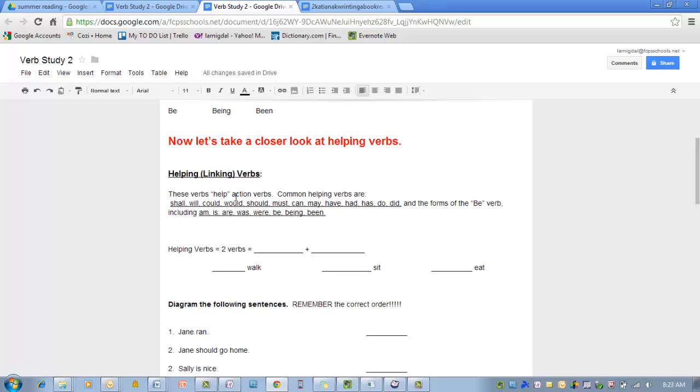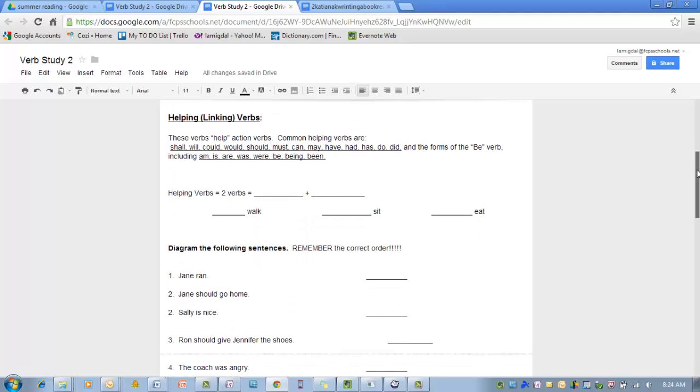The thing with helping verbs is if it seems like there's 2 verbs, like a little word that you can't really identify, and then a verb, then you know it's a helping verb. 2 verbs, so blank plus blank. An example might be, and you should write these examples, how about should walk?